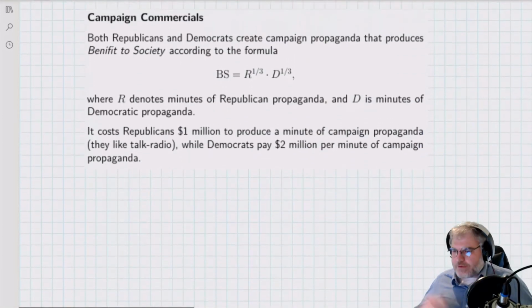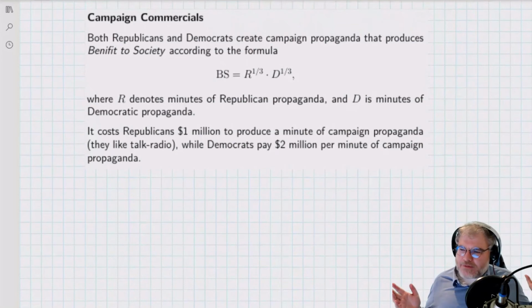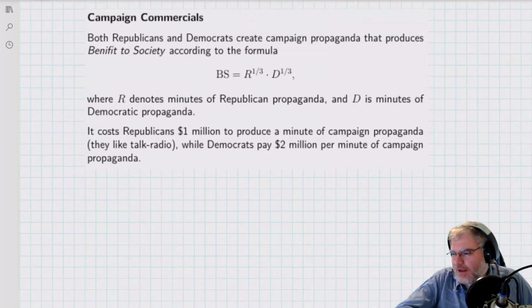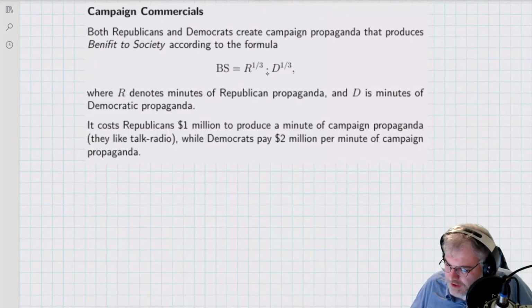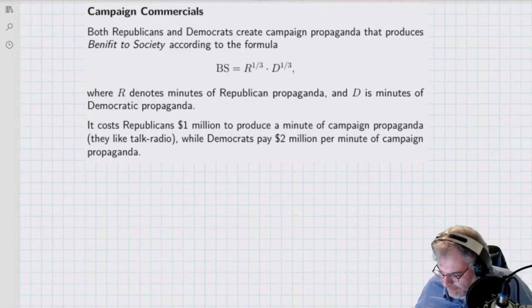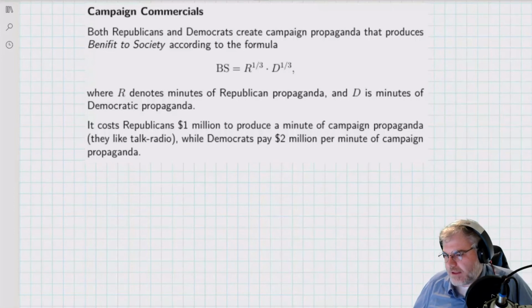So, here's the situation. Both Republicans and Democrats create propaganda that produce benefit to society according to the formula R to the 1/3 times D to the 1/3, where R denotes minutes of Republican propaganda and D is minutes of Democratic propaganda. It costs Republicans $1 million to produce a minute of campaign propaganda, while Democrats pay $2 million per minute of campaign propaganda.